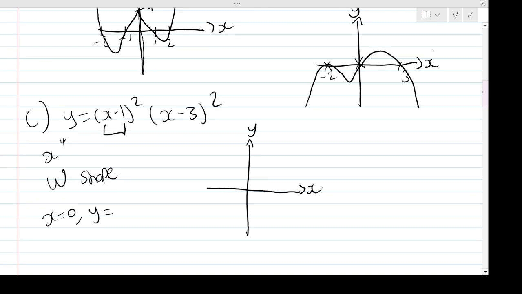If you substitute x as 0, you're going to get minus 1 squared and then minus 3 squared. If you put that in a calculator, you should get 9, positive 9. So it's going to go up there somewhere.